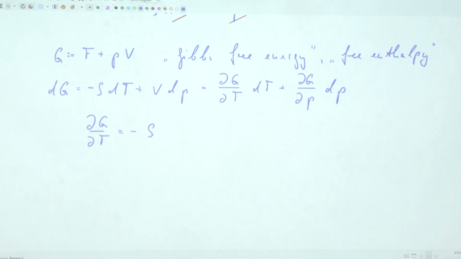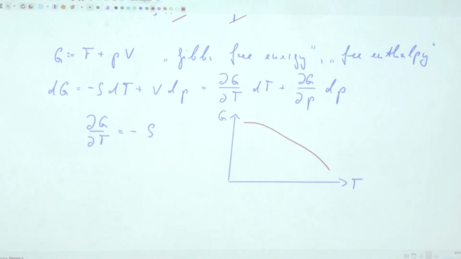If you sketch this, you get something like this. And now let's assume that you have different phases, for example a solid phase and a liquid phase.